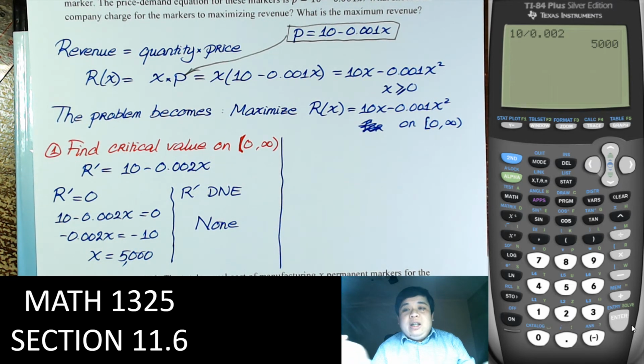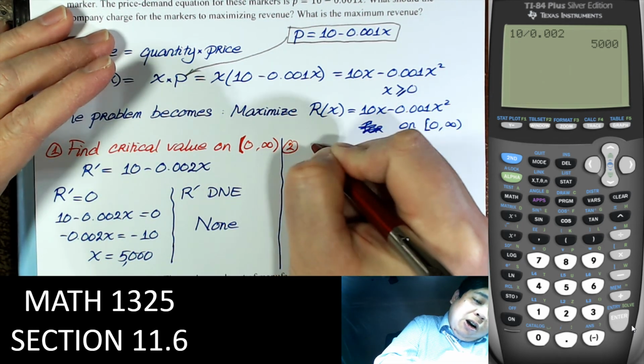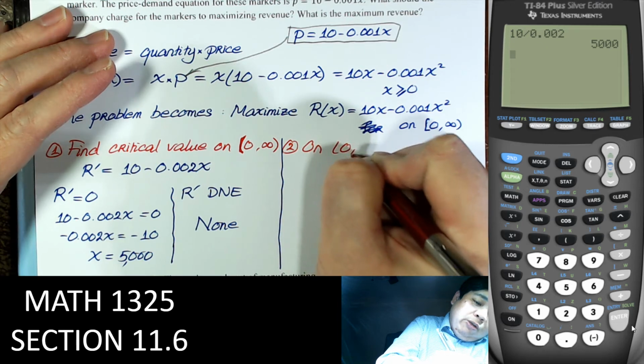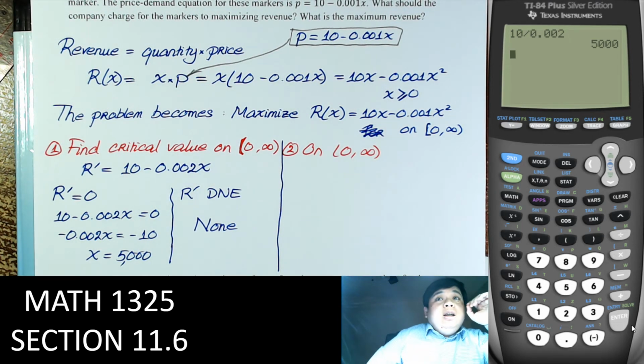And so in that case, we only have one critical value, and then we can use the same method that we used earlier. Right. So number 2, on the open interval 0 to infinity. By the way, x not only cannot be 0, it cannot be 0.5, so it has to be 1, 2, 3, 4, 5, only natural numbers.